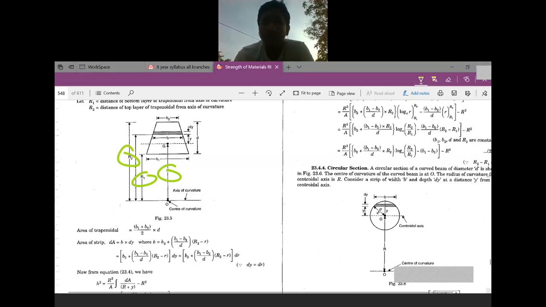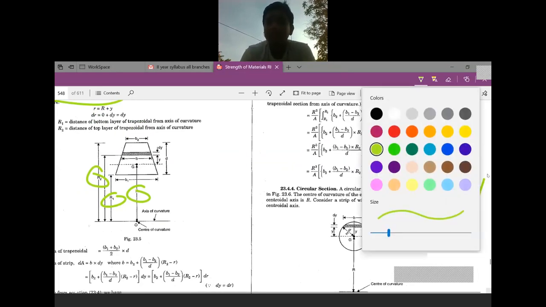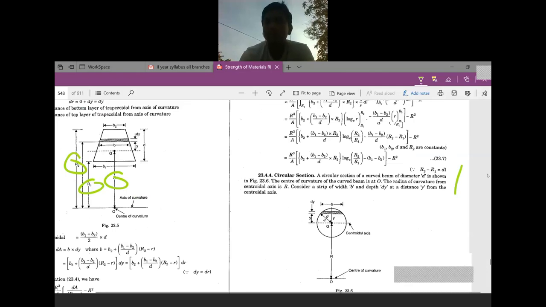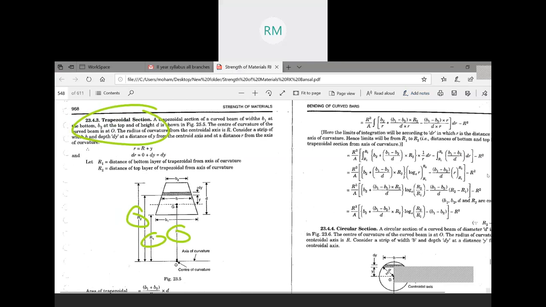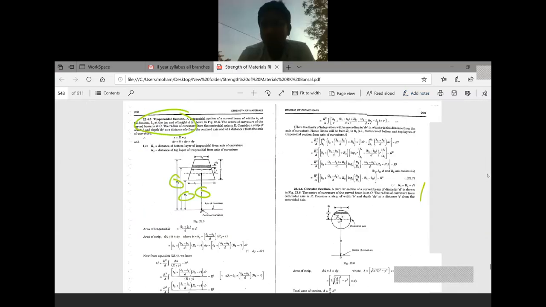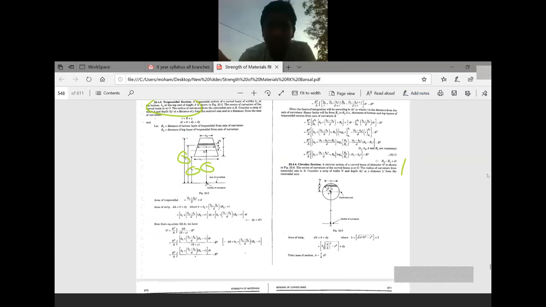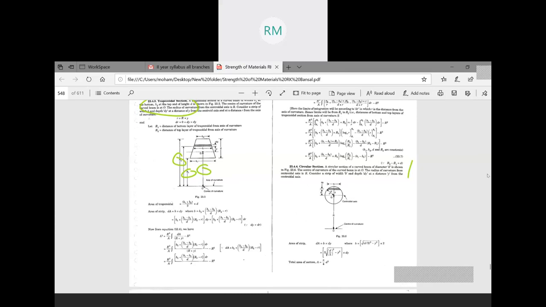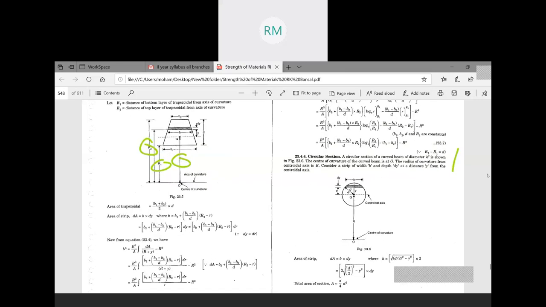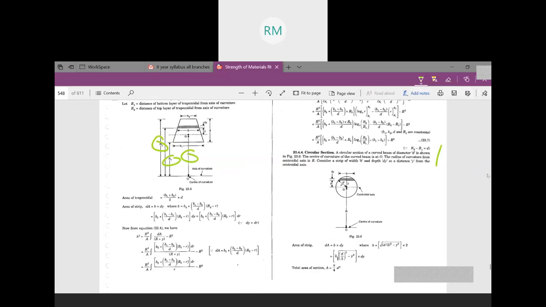When you see here, you'll get the formula, this one will be the formula for this section.